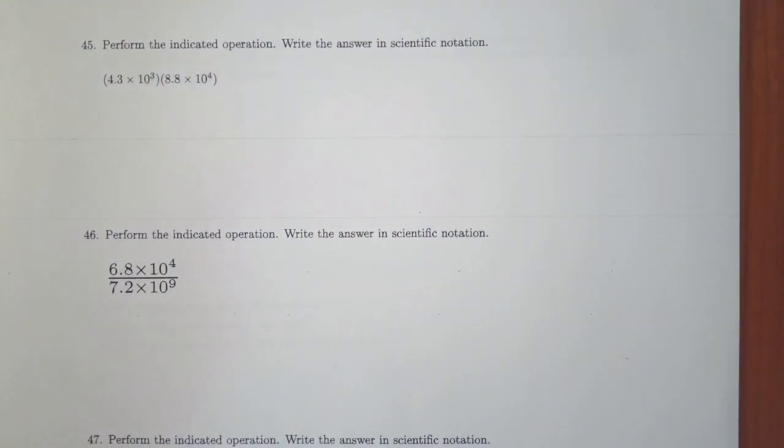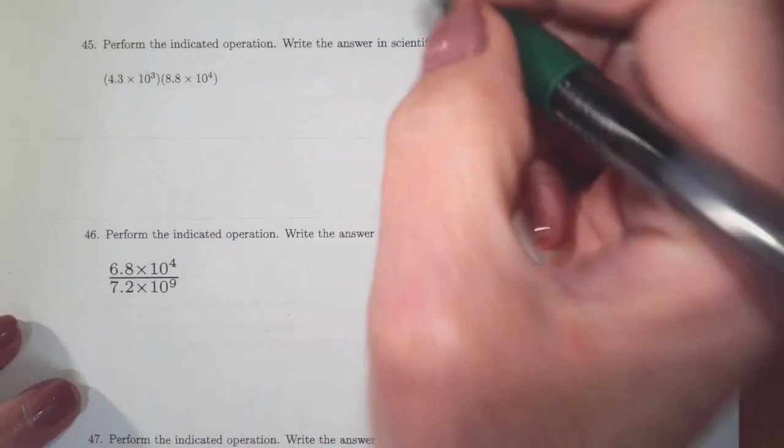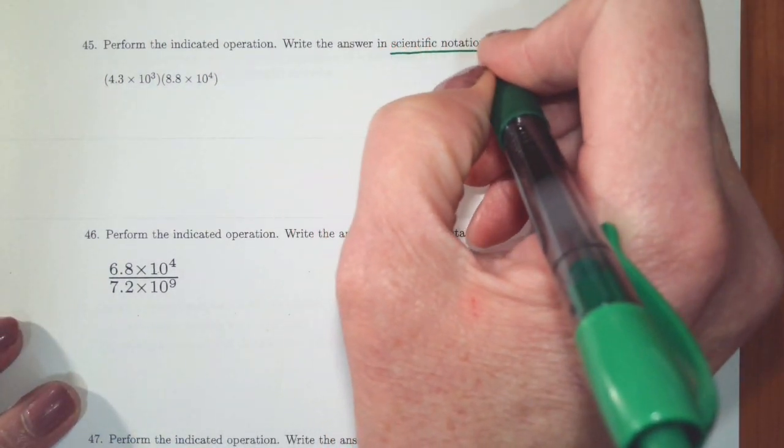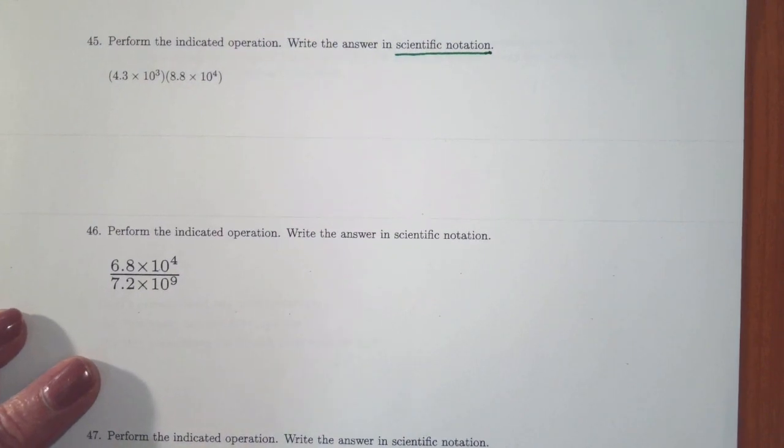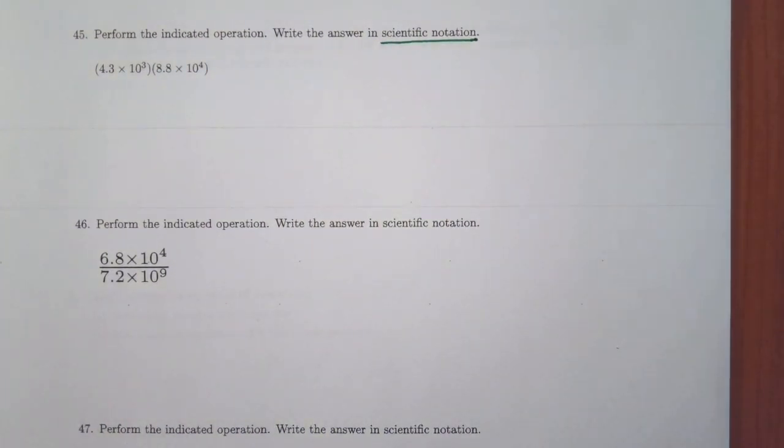Okay, perform the indicated operation, write the answer in scientific notation. Okay. All right. Now, we talked about this. I'm going to show you how to do it both on your calculator as well as how to do it the other way.